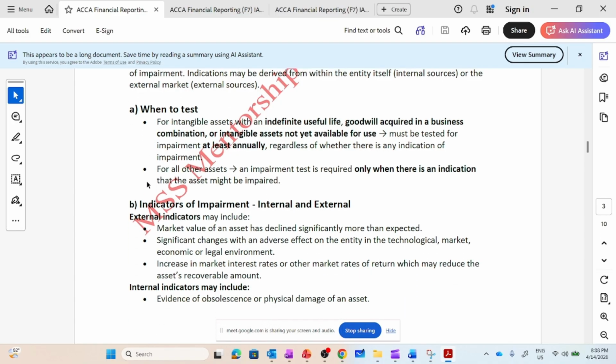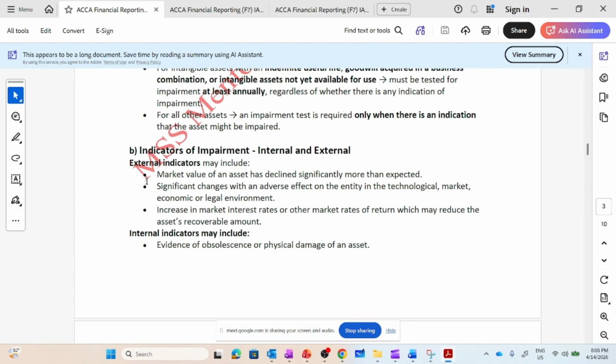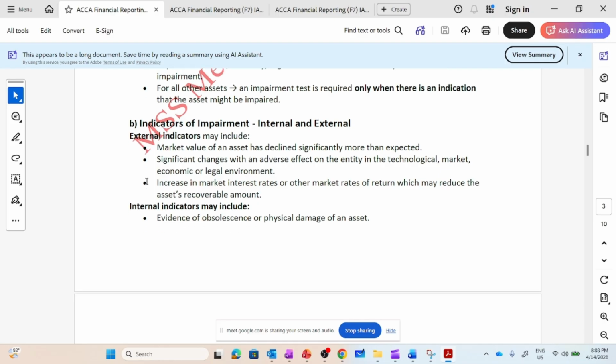Now we are going to look at the indicators of impairment. As I mentioned earlier, we have external indicators and internal indicators. External indicators can be market value. This is frequently tested in the exam. It can be significant changes which adversely affect the technology. For example, it is normal, we all can see it. The iPhone users, now iPhone 7, iPhone 8, iPhone 10, they are obsolete in substance because no one wants to use that type of iPhone anymore.